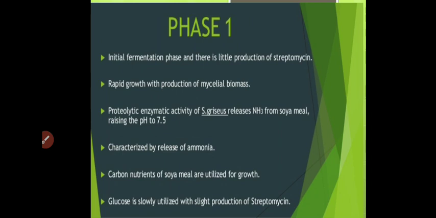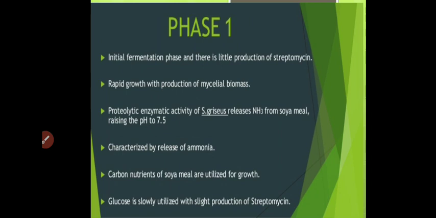The proteolytic enzymatic activity of Streptomyces griseus releases ammonia from the soya meal, raising the pH to 7.5. Once the mycelia start producing, the proteolytic enzyme acts on the soya meal present inside the medium.